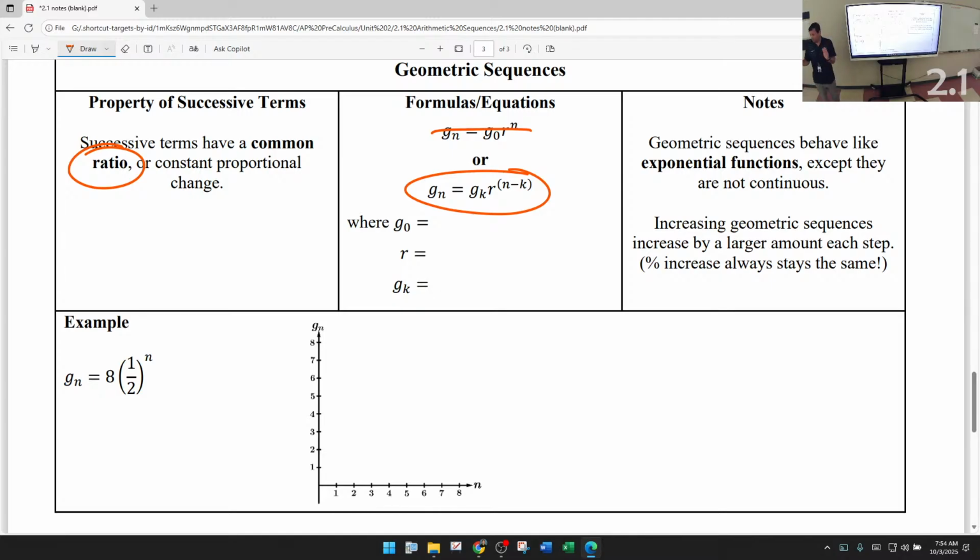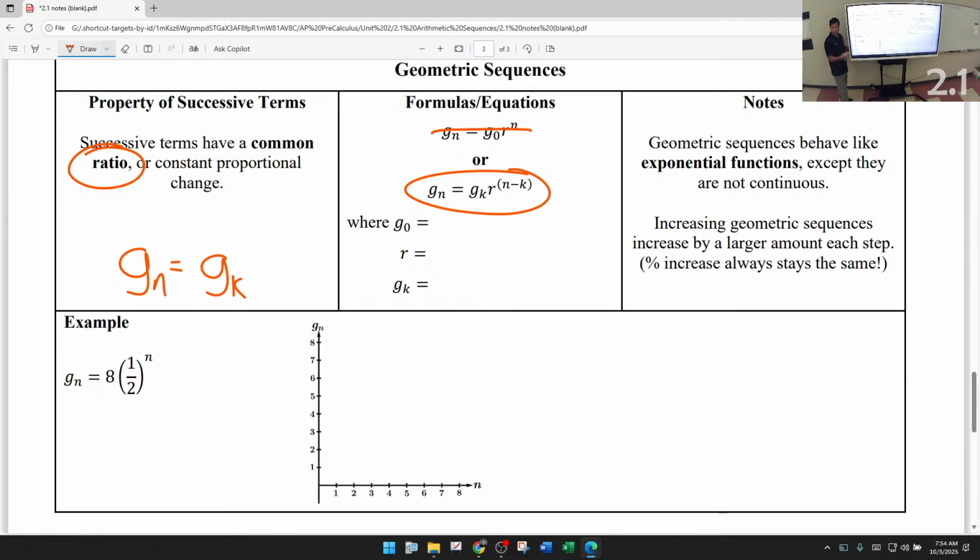And it looks pretty similar, truthfully, because now they don't do A sub n, they do G sub n, because these are geometric. G sub n equals, and they'll do G sub k. This starts off the same way, A sub n, A sub k. And then they put plus D because there's a common difference and the difference is added.